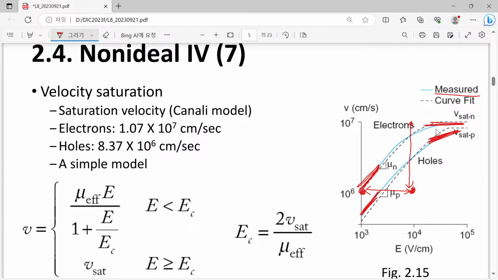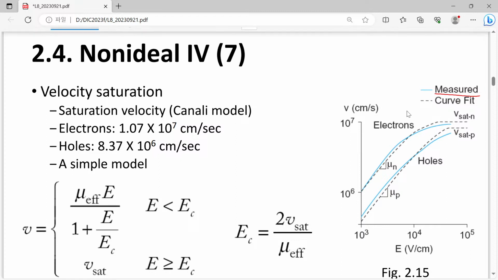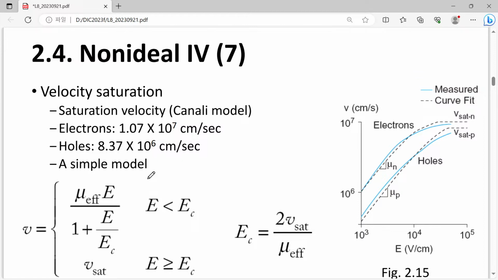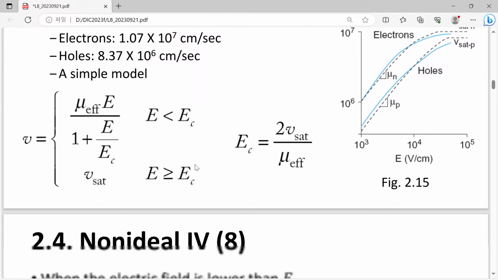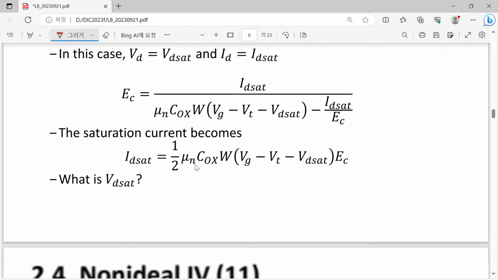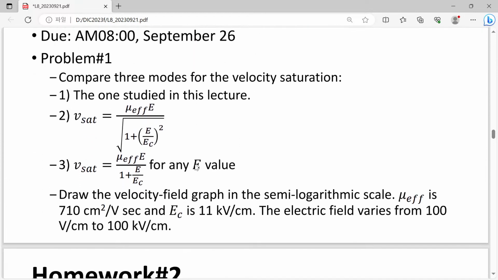Although velocity is slightly increasing, its increase is so marginal that we cannot say this is linearly proportional to the field any longer. So what is the best relation for our electron velocity as a function of electric field shown here?